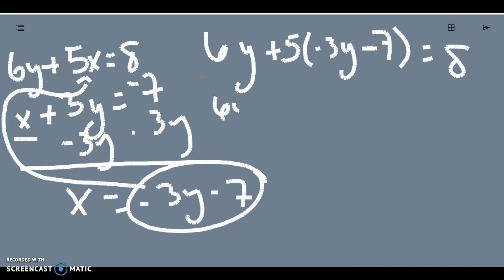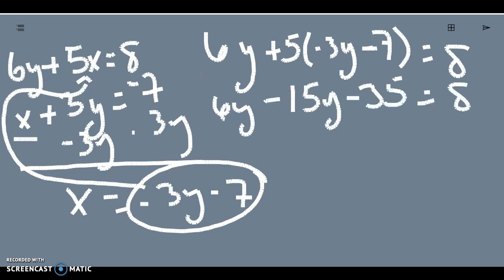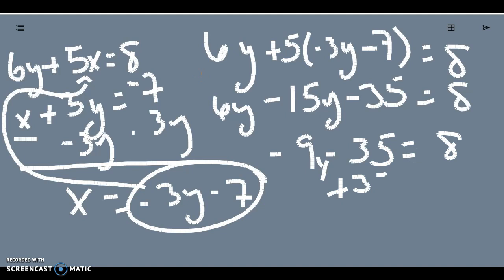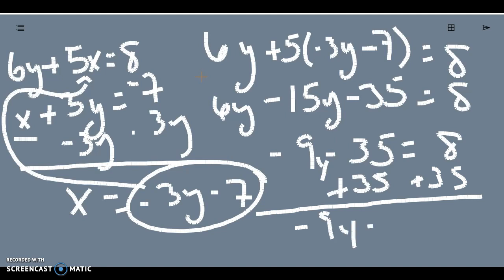Alright, so I get 6y minus 15y, I'm just distributing, minus 35 equals 8. 6 minus 15 is negative 9, so negative 9y minus 35 equals 8. I'm going to add 35 to both sides, and I get negative 9y equals 43.